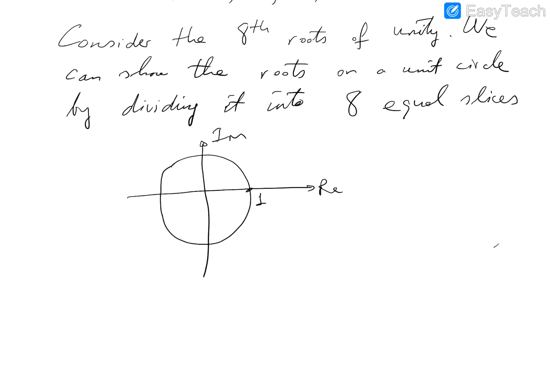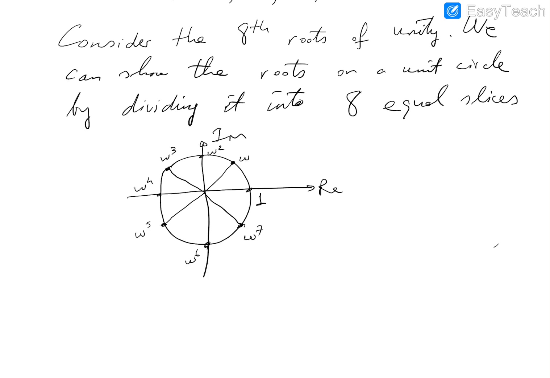So this is 1, this is the primitive root, this is the second nth root, the third, fourth, fifth root, sixth root, seventh root.